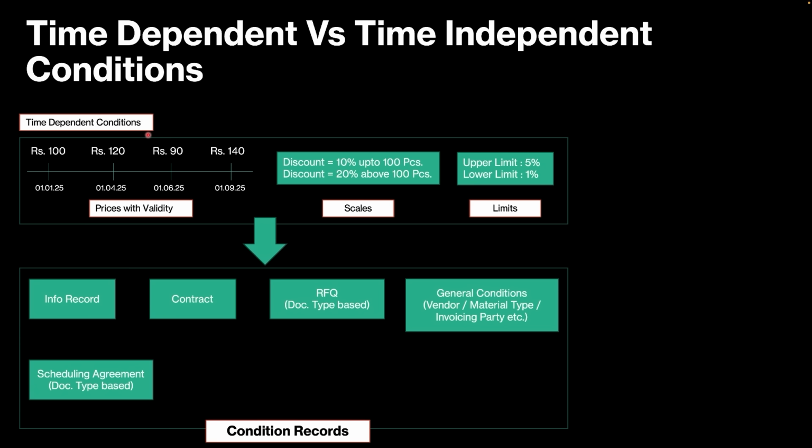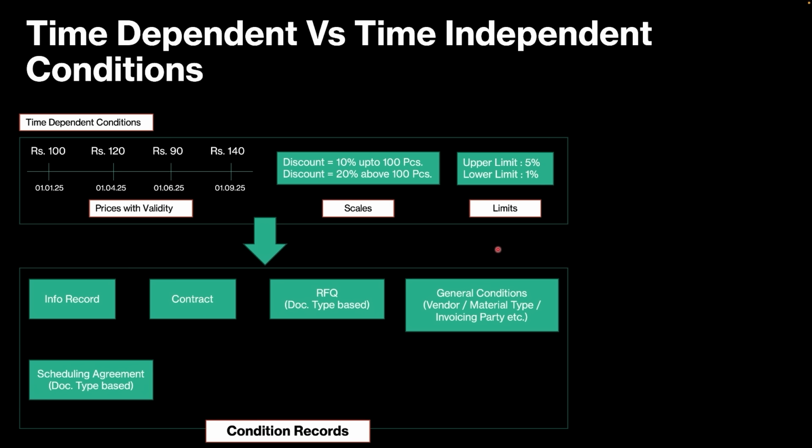So basically, whenever you will be saving a condition record, you will have the facility of all these things. That is, you will be able to save prices with validity, with scales, and with limits. And all these documents or general conditions are there to facilitate this process.